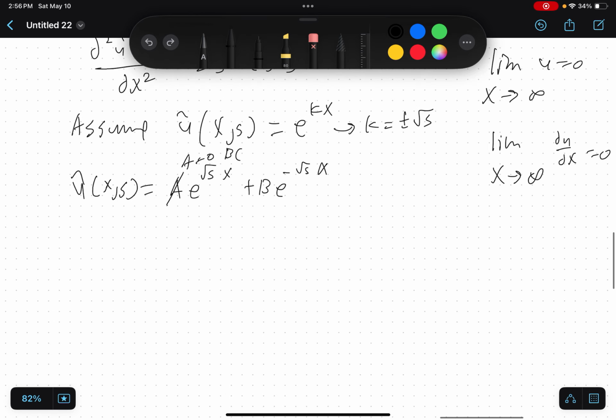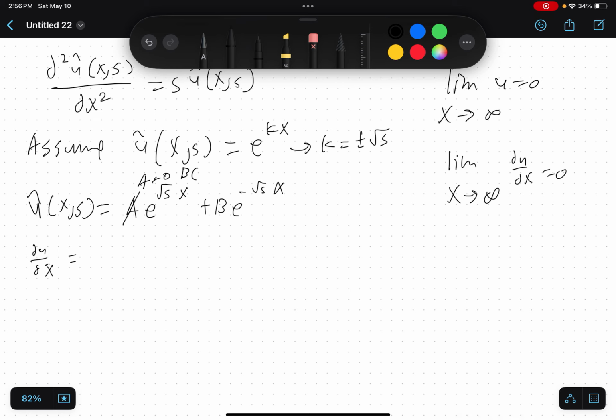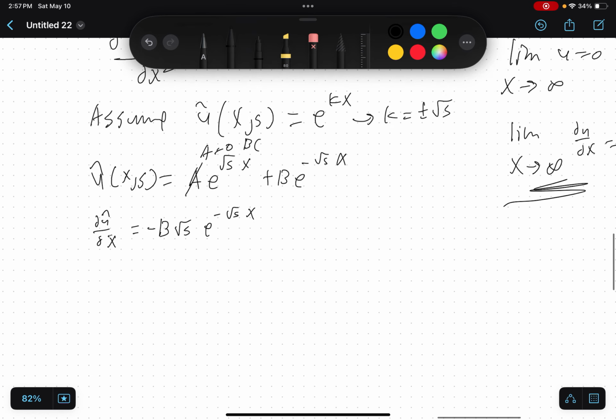Let's just double check. Yeah, if we plug in that into here, this will just go to 0 anyways, so we don't even have to set b to anything. Cool. So this boundary condition is met. It's basically useless.